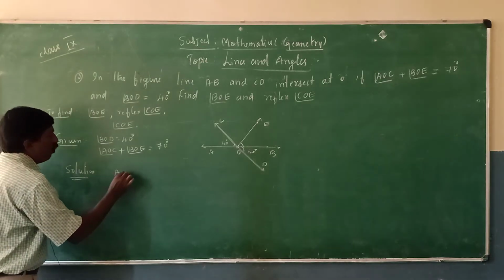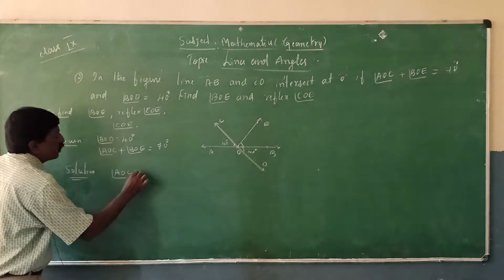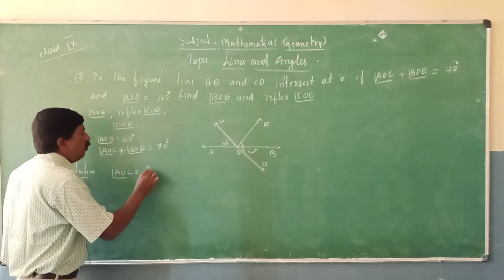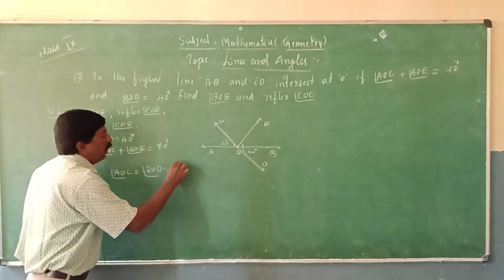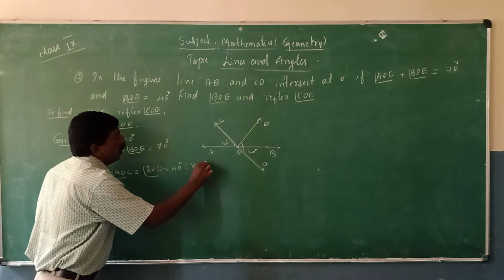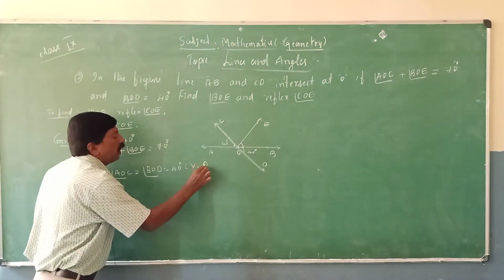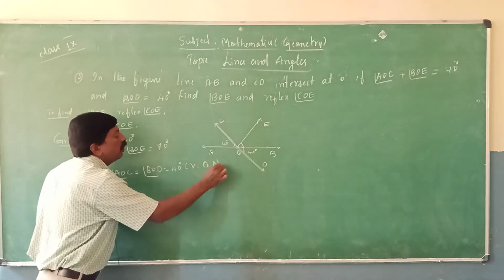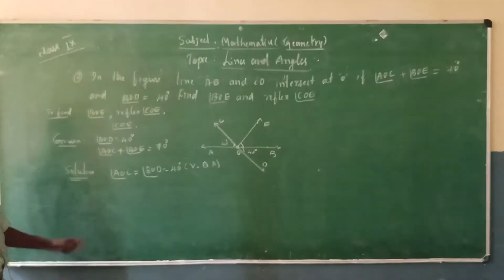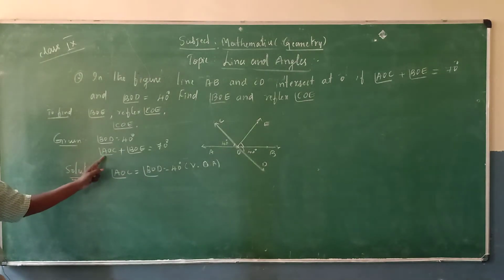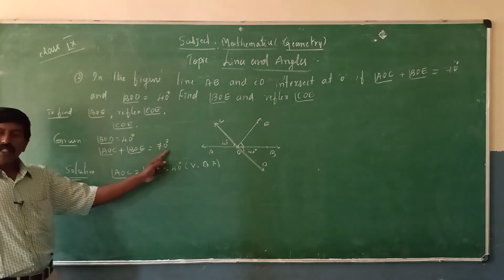So AOC angle is equal to BOD angle, which is equal to 40 degrees. The reason is vertically opposite angles. Now we got AOC angle. Now with the help of this AOC, we find BOE.